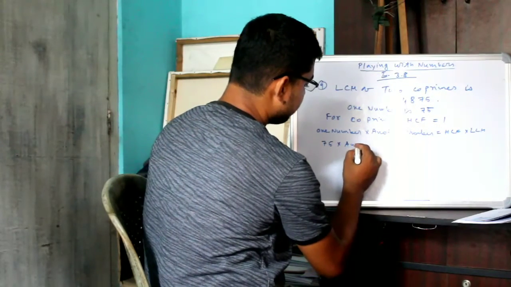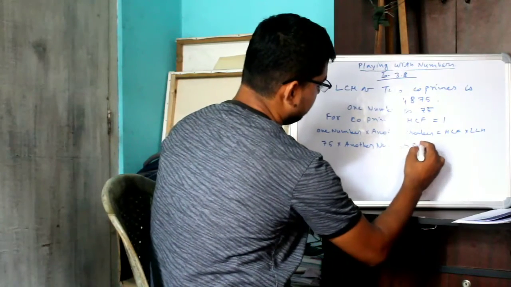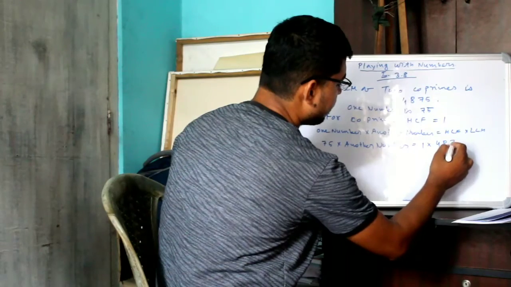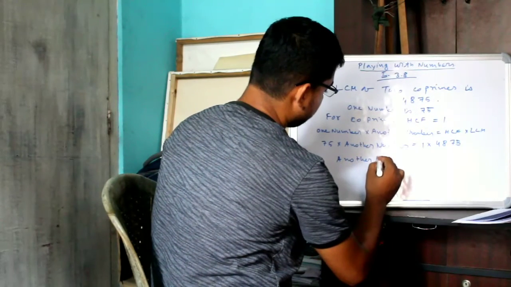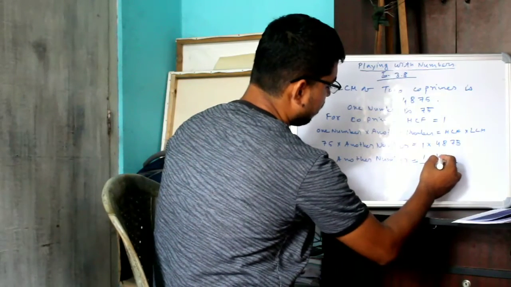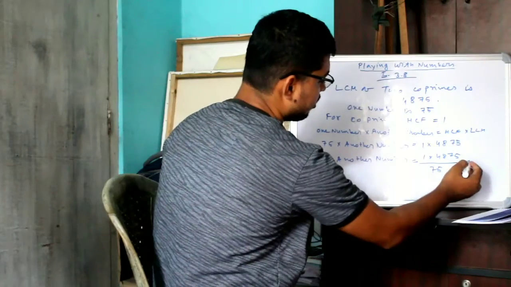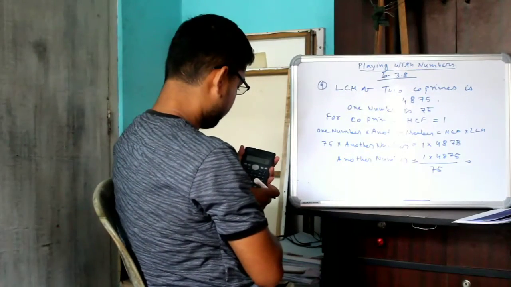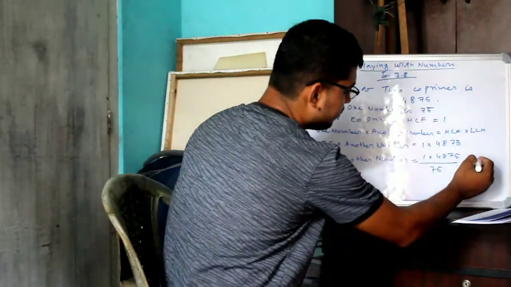The other number equals HCF 1 into LCM 4875 by 75, which equals 65.